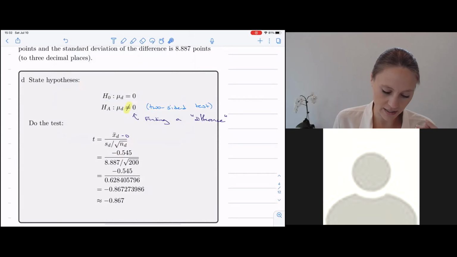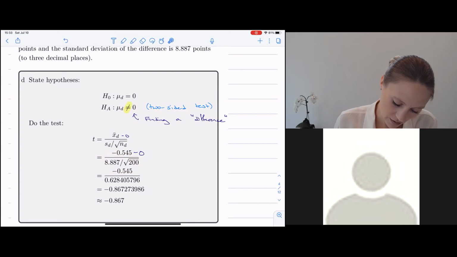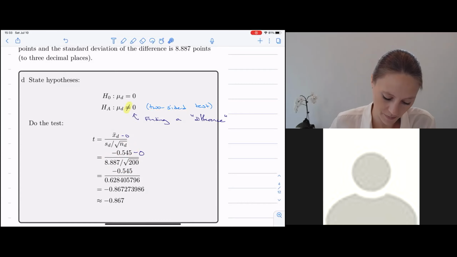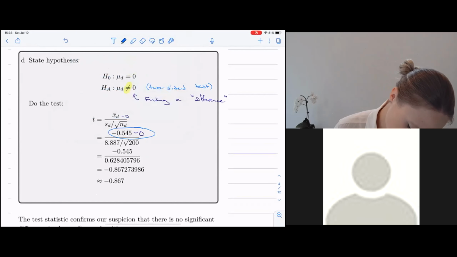We're actually finding, if we talk about this t as we were doing with z's before, how far is -0.545 from 0? Is it significantly less than 0, taking into account this spread? Okay. Maybe I'll keep those. Sure, I'll keep them there. No harm. Right.